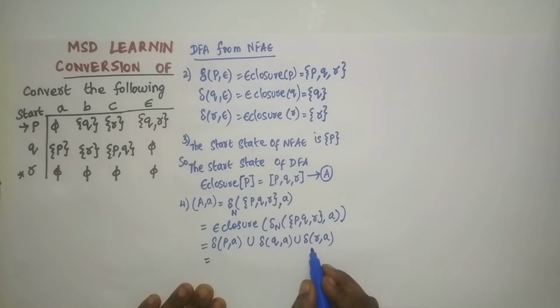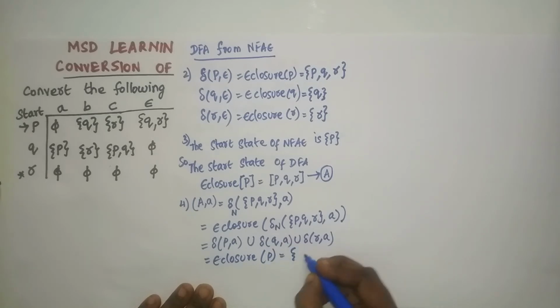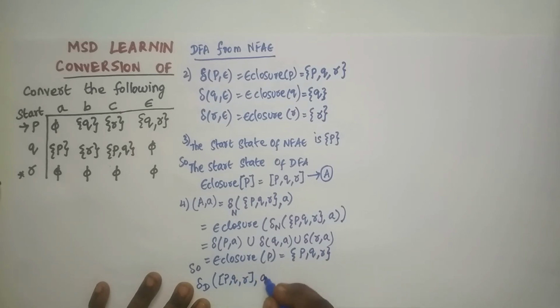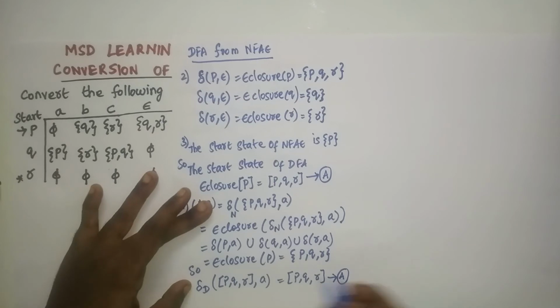So the result is only P. So take the epsilon closure of that P. Epsilon closure of P will be P, comma Q, comma R. So the DFA transition delta D of P, comma Q, comma R, comma A will be equal to P, Q and R. And this is similar to the state capital A itself. So when we are processing A, comma A, we are getting only the same state A.